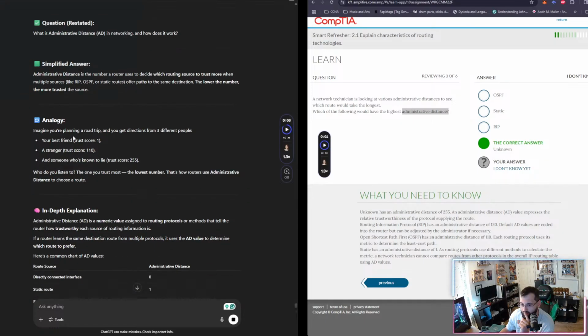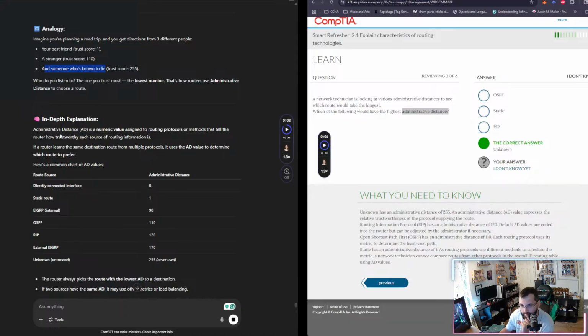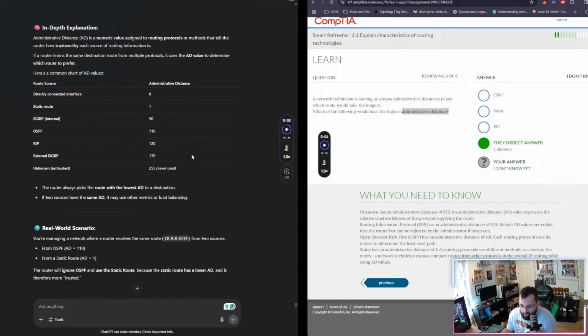So, analogy: imagine you're planning a trip and you get directions from three different people: your best friend, a stranger, and someone who's known to lie. Administrative distance is the numerical value of the routing protocol or method that tells the router how trustworthy each source is. So how do they calculate it? That's what I want to know.